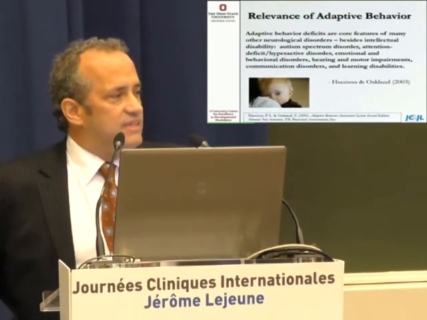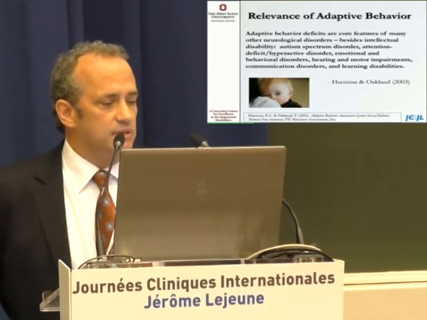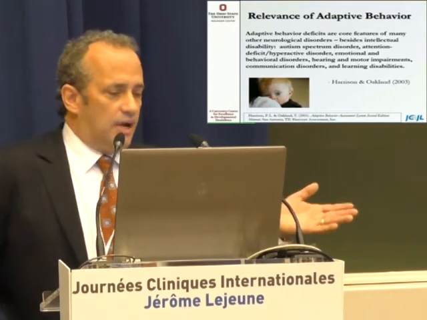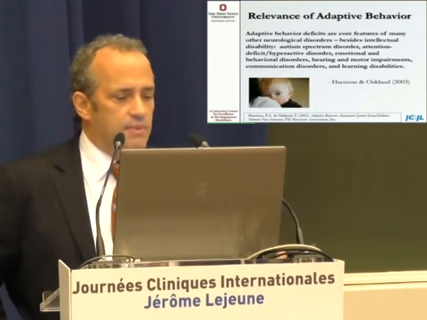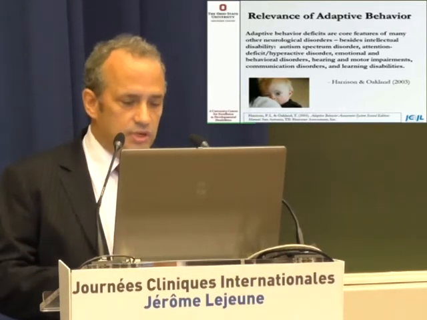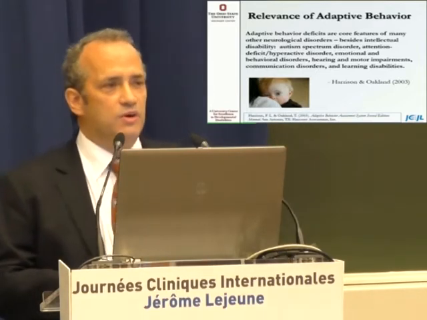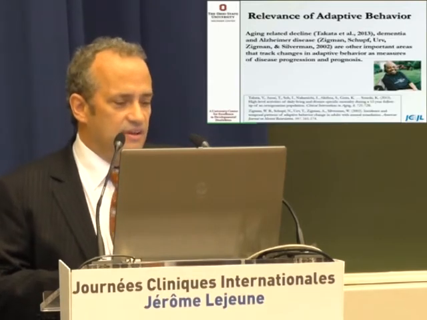So the relevance of adaptive behavior is really important not only for intellectual disability, but for a lot of other neurological disorders. We're talking about autism, ADHD, emotional disorders we heard about yesterday, hearing and motor impairments, communication disorders, learning disabilities. This is the term we use, not the one the UK uses, which is intellectual disability, but all learning disabilities.